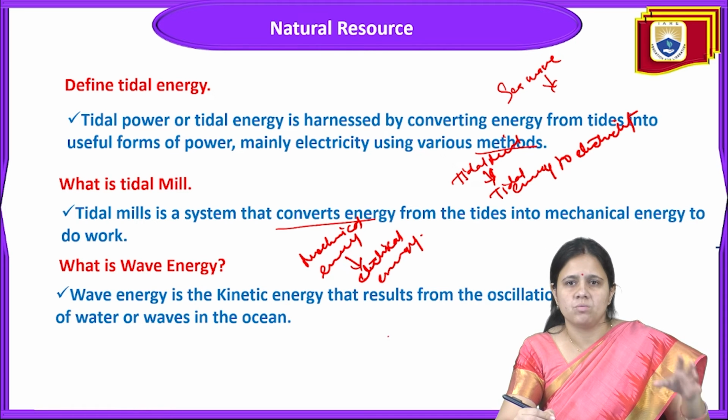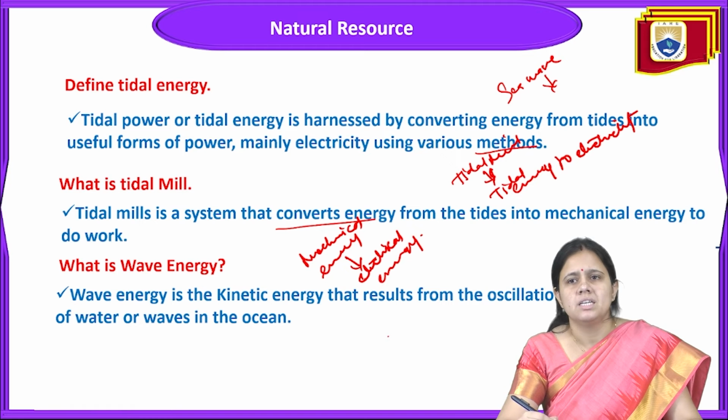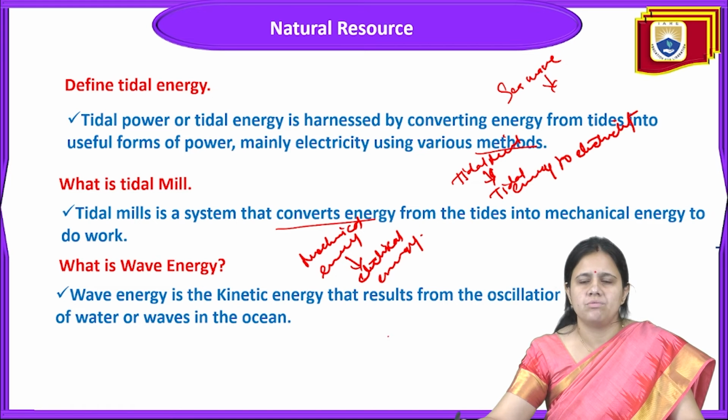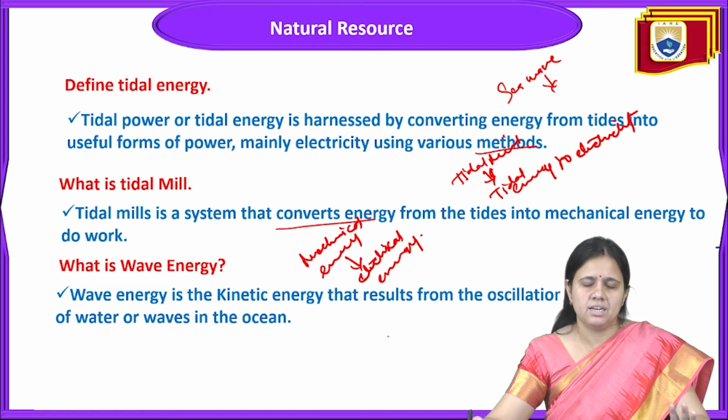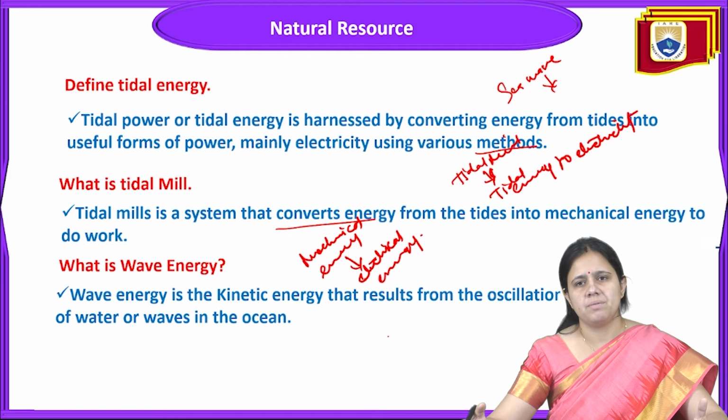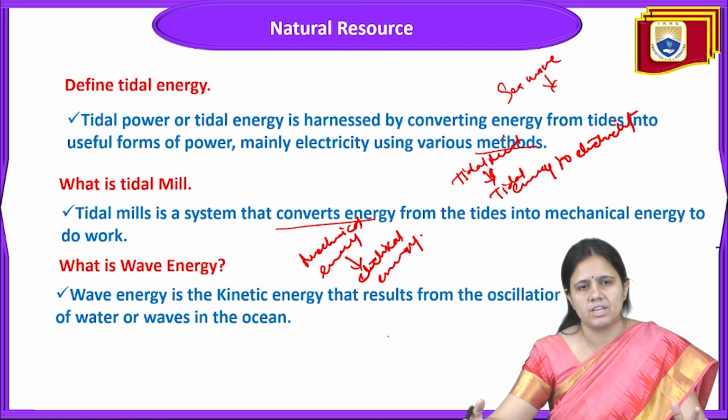Wave energy is the kinetic energy that is generated by the oscillation of waves in the ocean, and that kinetic energy is converted into electrical energy for daily household work. This is called wave energy.